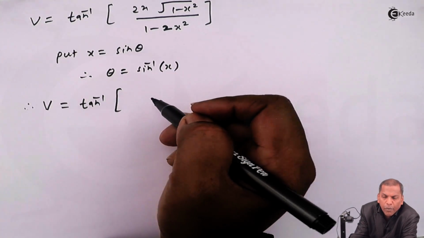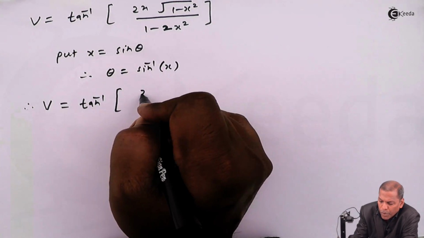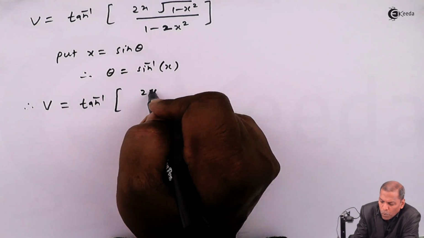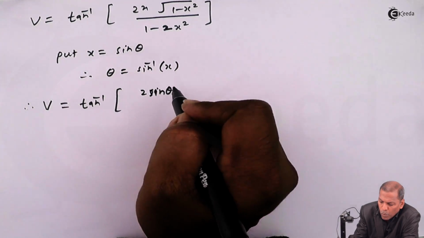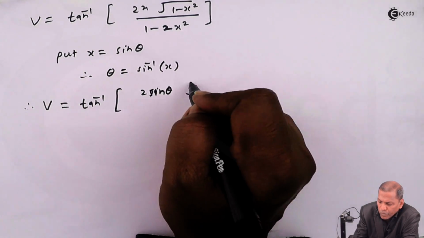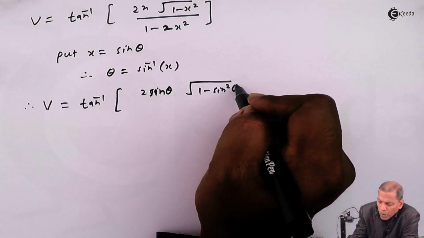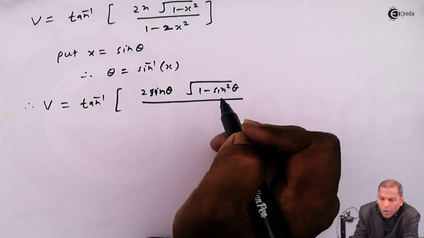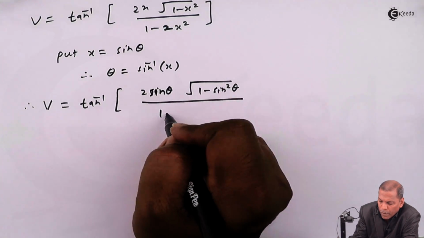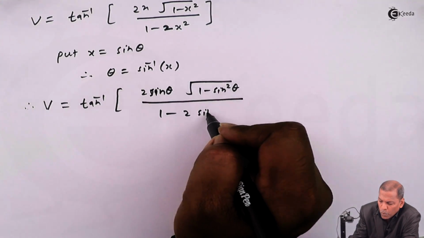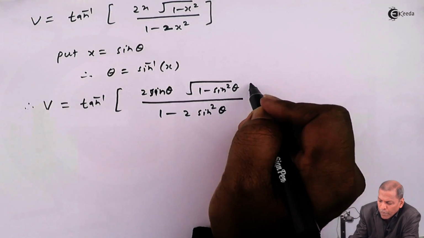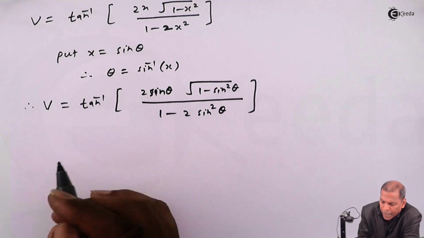Now whenever x, we have to write sine theta. So we get 2 sine theta into root 1 minus sine square theta, whole thing divided by 1 minus 2 sine square theta, bracket complete.